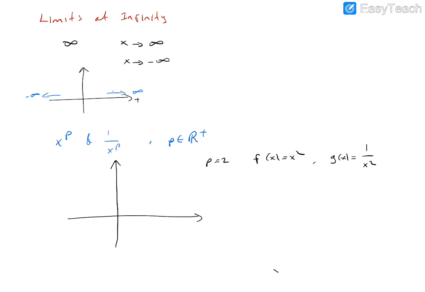Let's use the blue color. So this graph is the x square graph. When x is negative, there is no problem. Again, this is that part. If p is 3, it will be different, okay? But when x goes to infinity, we will discuss. So I will focus on the right side of this graph.